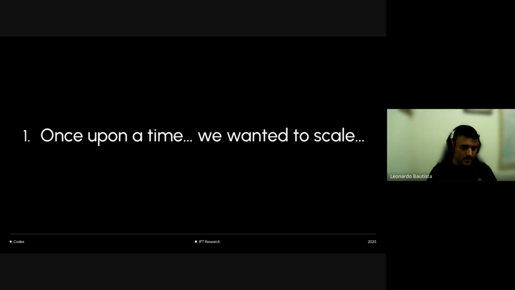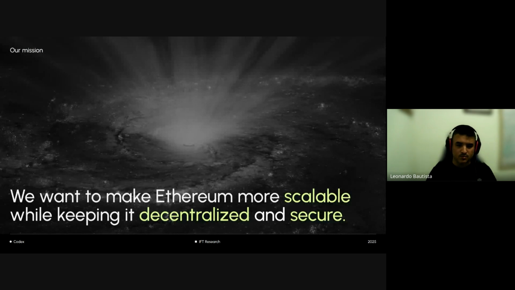We wanted to reach a point in which Ethereum can do way more transactions per second, but at the same time, we didn't want to give up on the other aspects that make a blockchain a real blockchain, which are decentralization and security.